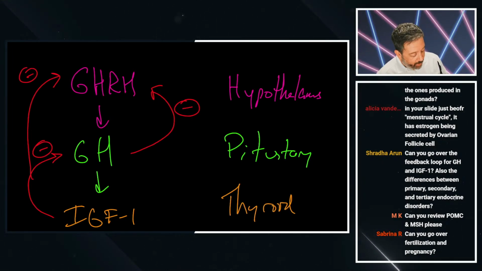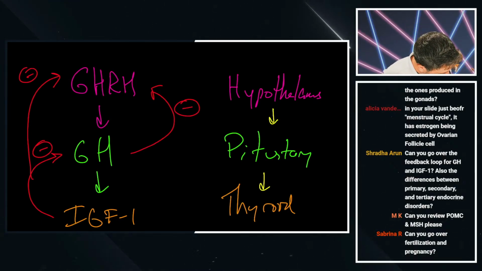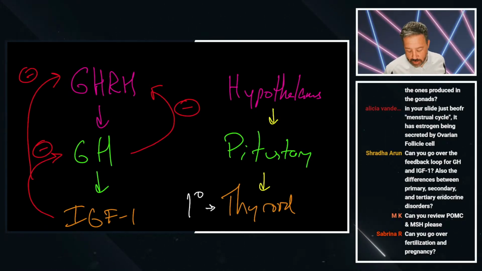We know an axis exists from this to that, to that. If the patient has an issue with the target tissue, it's the primary problem: the thyroid gland itself.